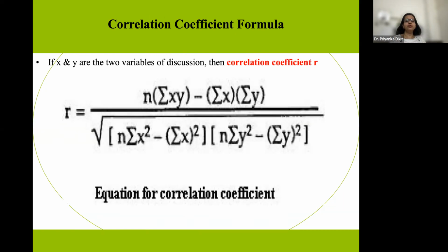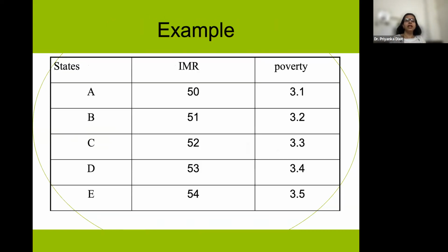I'll just show you one example. Let's say we have the information of infant mortality rate at country level, and we have how much poverty there is at country level. We wanted to see, is there any relationship between poverty and infant mortality?